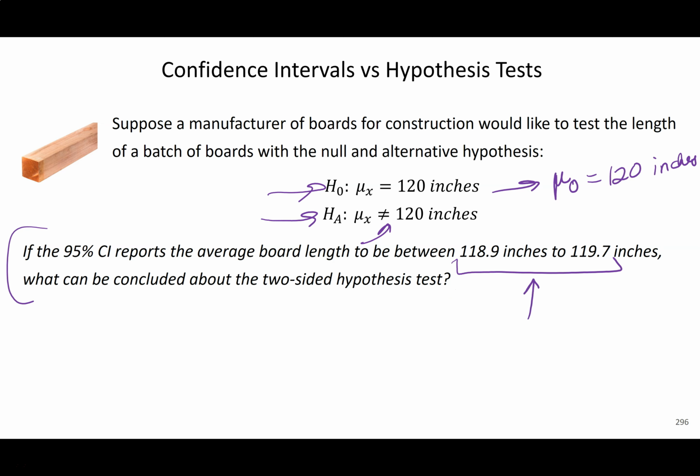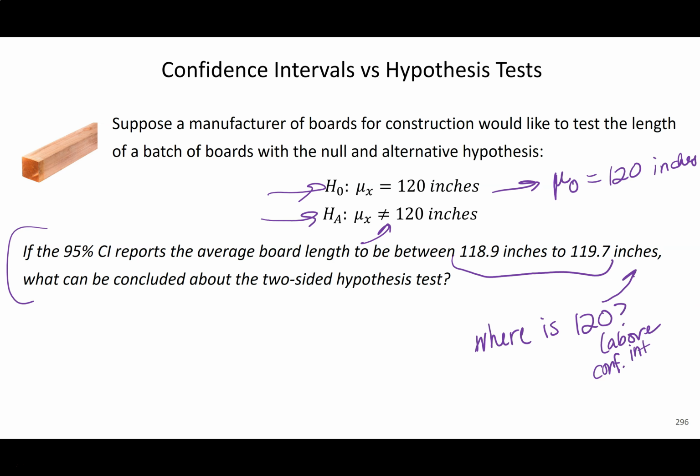The question we want to ask is, where is 120? Is it in this interval right here? Is it between 118.9 and 119.7? No, it's not. It's above the interval, above the confidence interval.